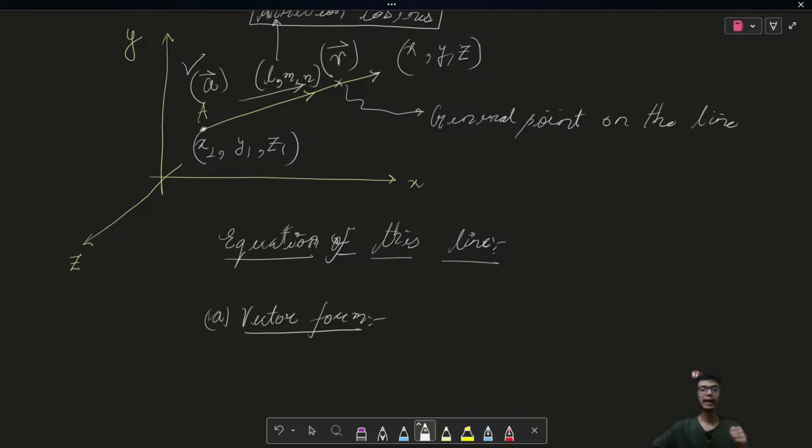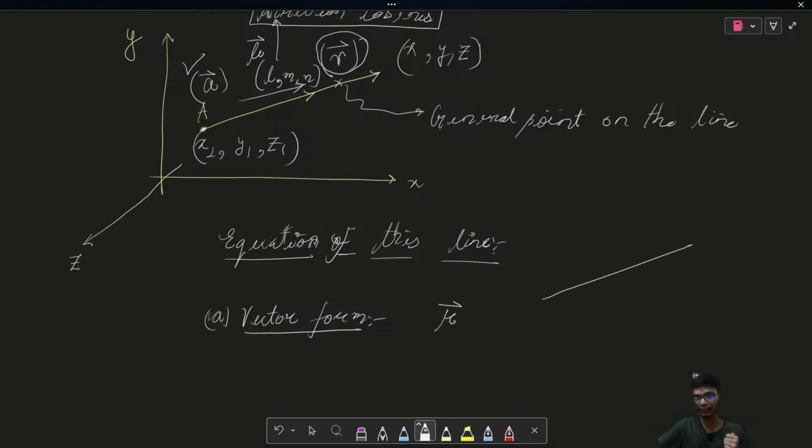Let us also say that the direction of this particular line is given by the b vector, and r vector is my general vector, or the variable point. So I can write the equation of this line by using the parallel concept.